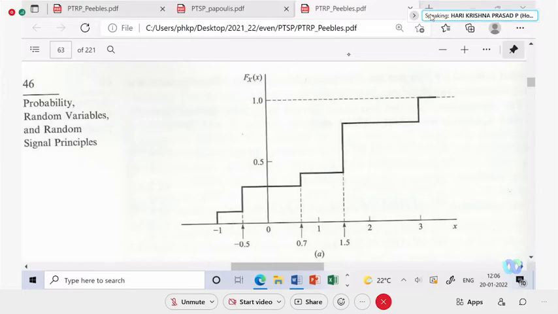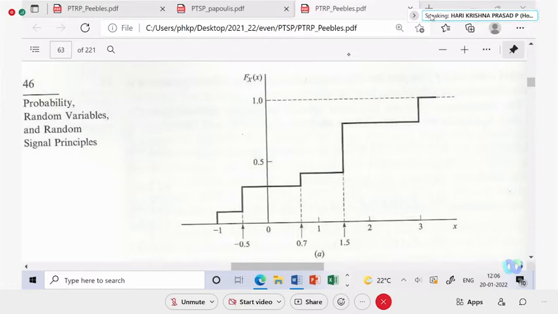What is the second property of the distribution functions? Fx of infinity equal to 1. What is that infinity in the argument? The infinity in the argument says the inclusion of all possible values of x.